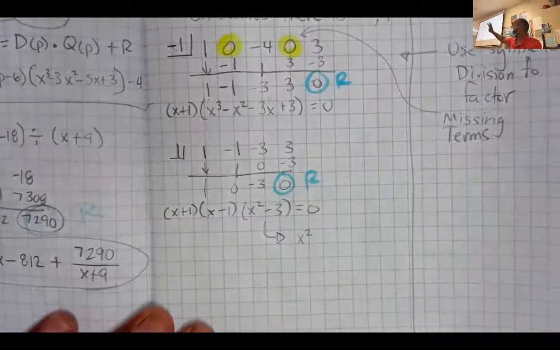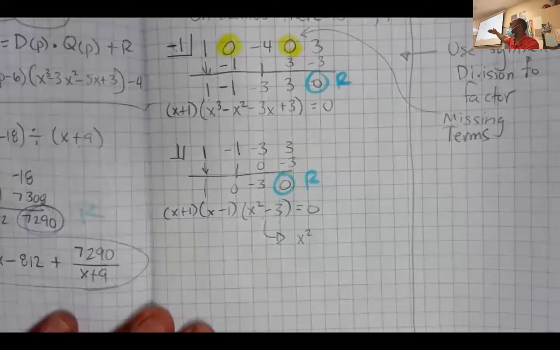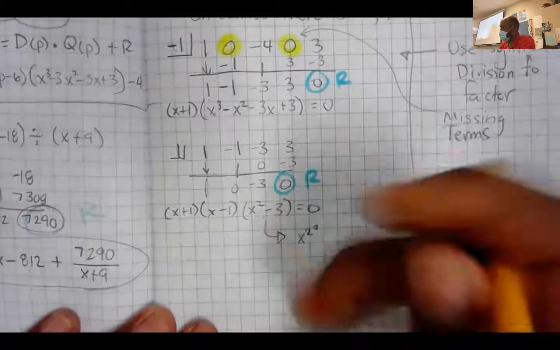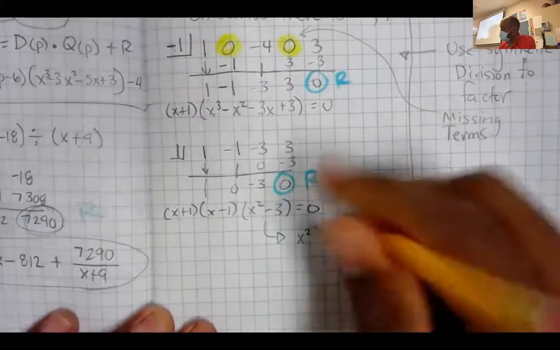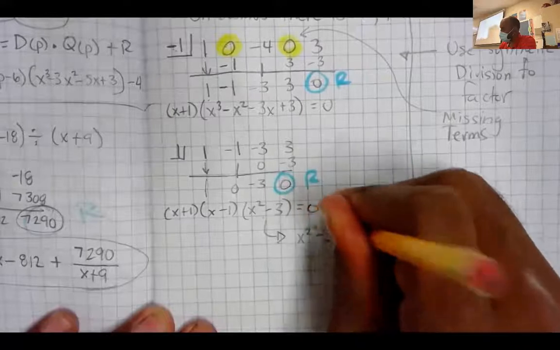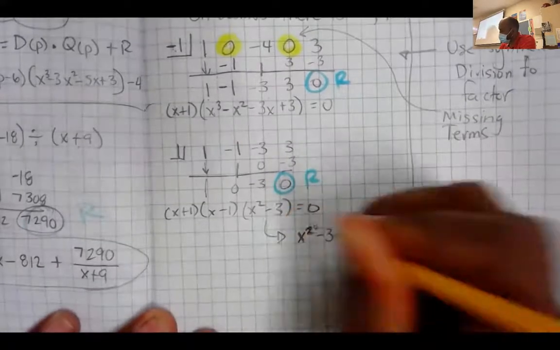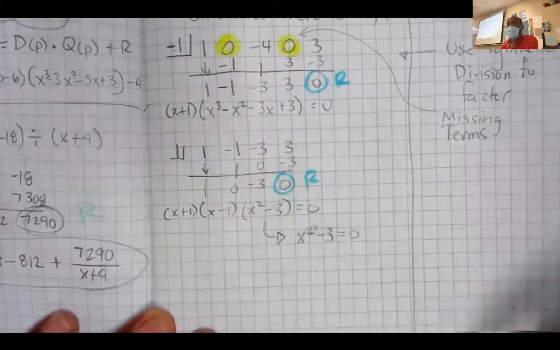Now, if you have 3 terms, like x squared, an x term, and then a constant, you have to do the quadratic formula. But if it's just these two, I'm going to set it equal to 0 and solve for x. Sorry, it's x squared minus 3.